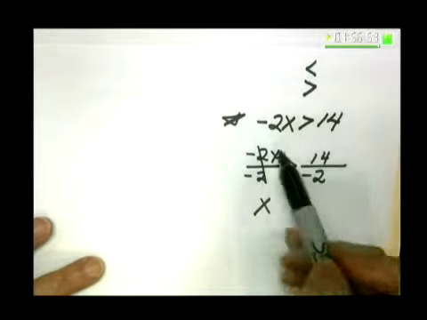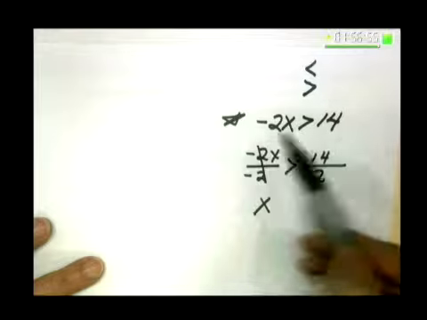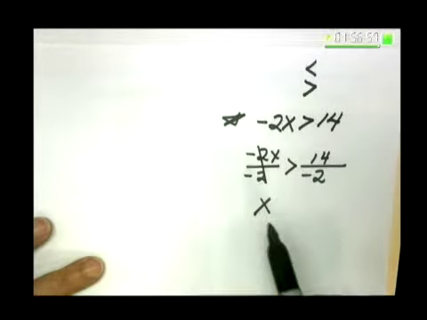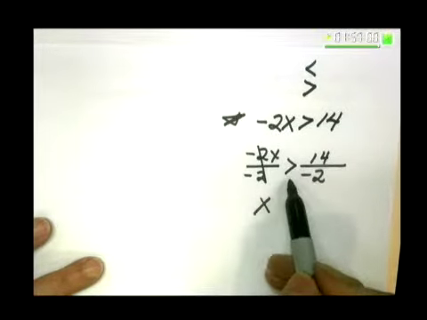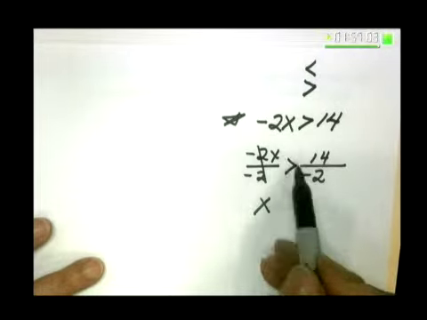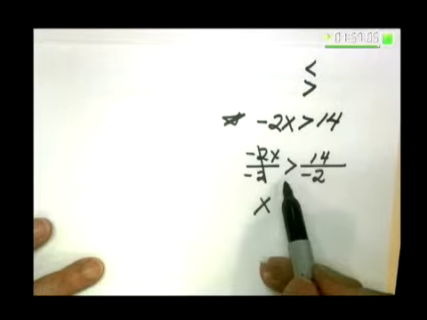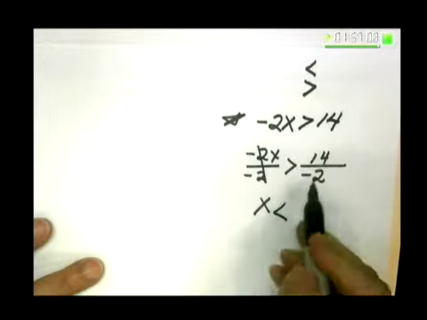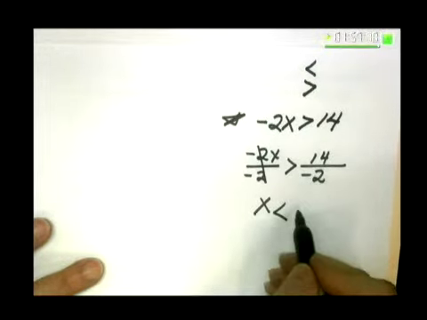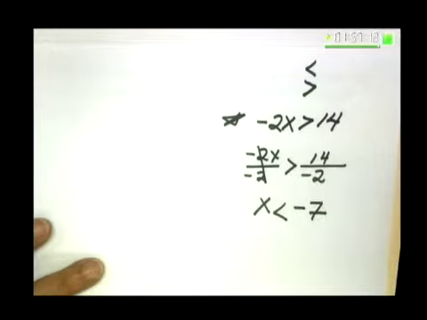The difference is that whenever you multiply or divide an inequality by a negative, the direction of the inequality reverses. This is greater than, the reversal of greater than is less than, and 14 divided by negative 2 is negative 7. So that's the difference with working with inequalities from equations. Okay?